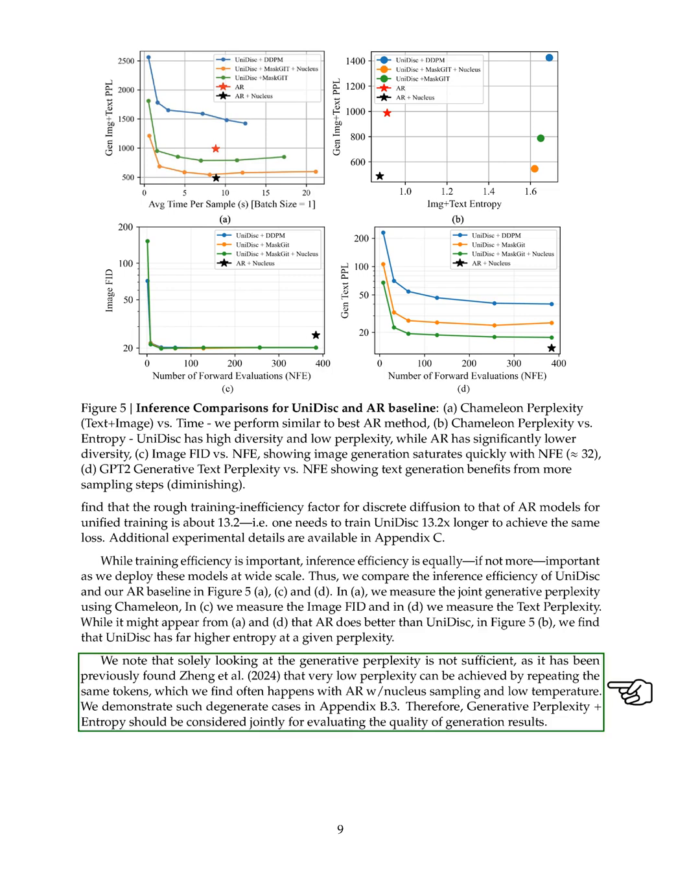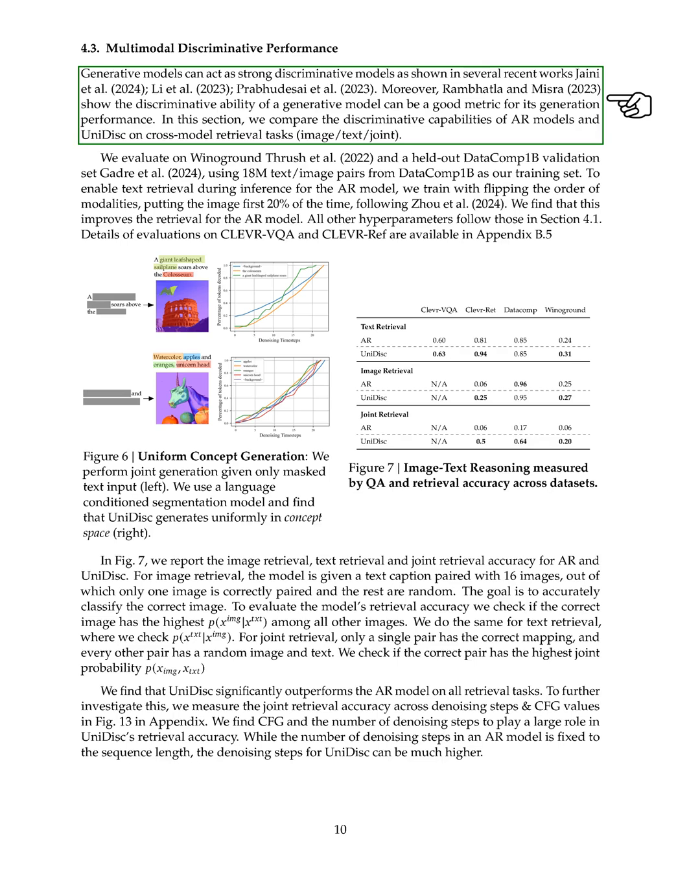Section: Multimodal Discriminative Performance. In this section, we explore the discriminative performance of generative models, which have been shown to be effective in recent studies. We assess the discriminative abilities of AR models and UniDisc through cross-modal retrieval tasks involving images and text.